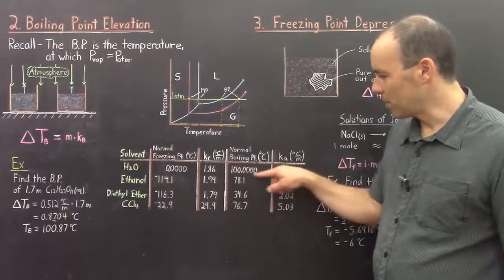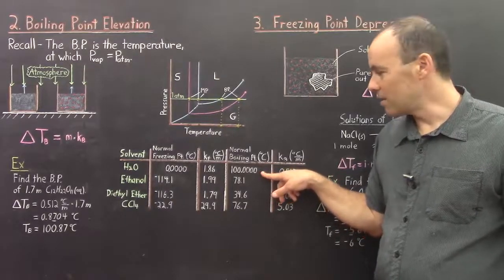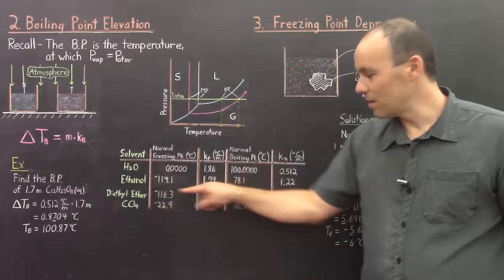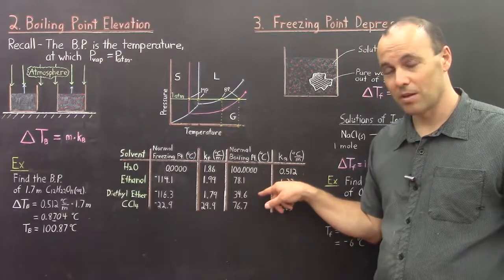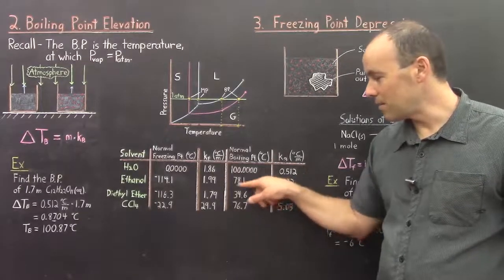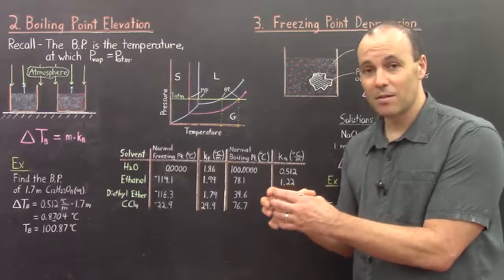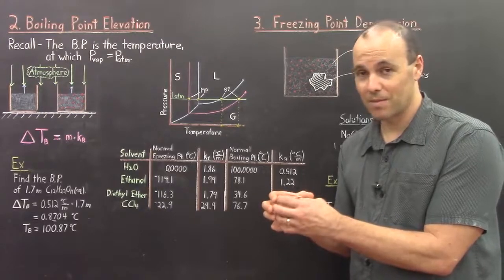So water boils at exactly 100 degrees Celsius, and if you look at some of the other liquids, it's interesting that the ether boils at 35 degrees Celsius, close to it. In fact, that's around 95 degrees Fahrenheit. In fact, if you hold a container of ether, you might be able to boil it just with your hands.